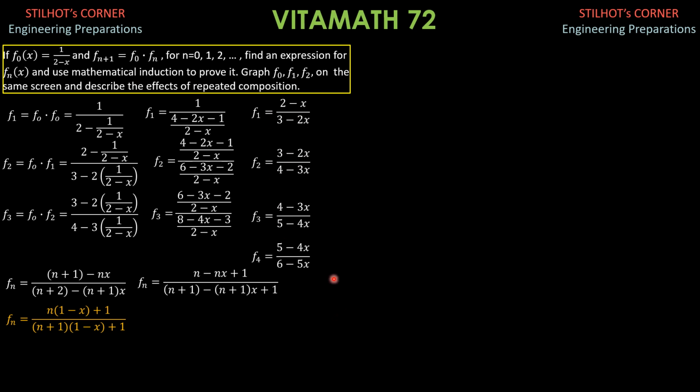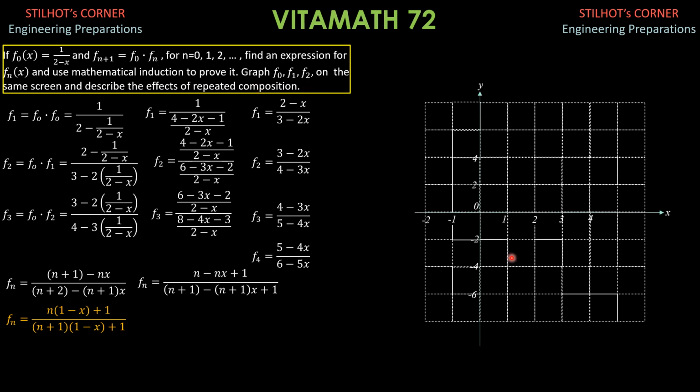So we now sketch the graph of F0, F1, and F2 only. So for F0, the asymptote, the denominator is 0 when x is 2. So we have a vertical asymptote, x is 2, and the horizontal asymptote is y is 0 here, because when we substitute negative infinity and positive infinity, F0 of x approaches 0.